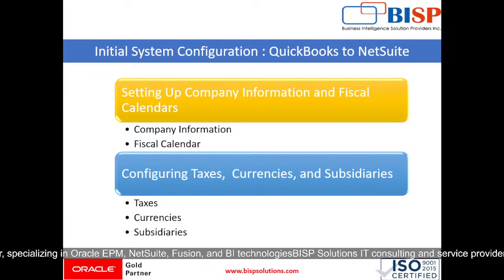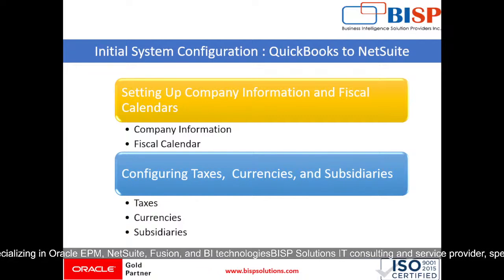So before migrating the data and integration steps, we will be firstly setting up the company name. Let's suppose we are taking the company La Ville Inc. in QuickBooks, so we will be taking the same name in NetSuite also.